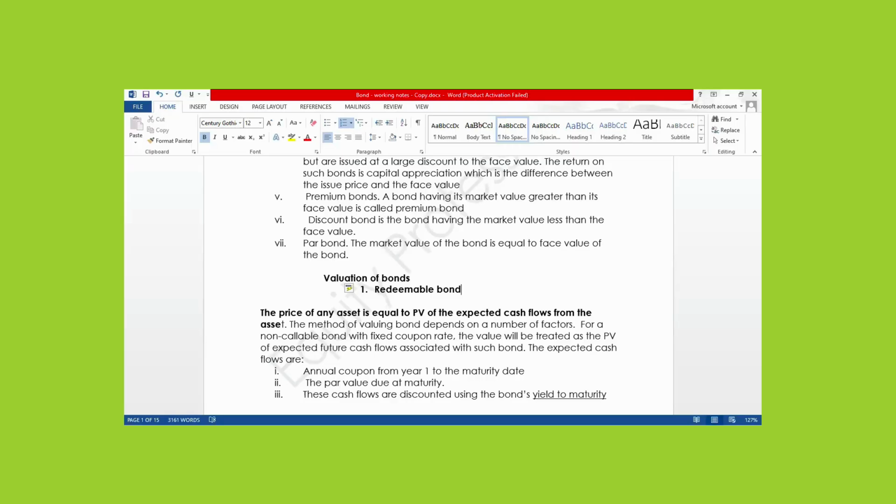The price of a redeemable bond, we are going to note this. Virtually everything I'm saying has impact on calculation.